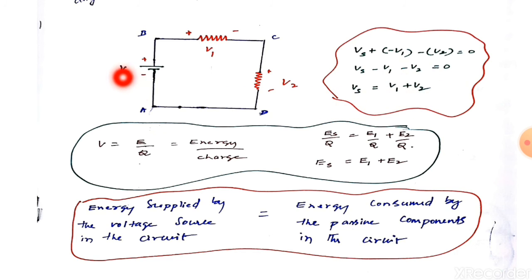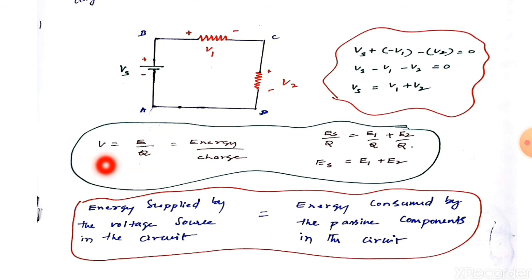That means the total voltage applied is equal to the voltage drop across the various branches in a closed loop. Otherwise, we can take it as the total net EMF is equal to the algebraic sum of the product of current and resistance across various branches in a closed loop, or Vs is equal to V1 plus V2.